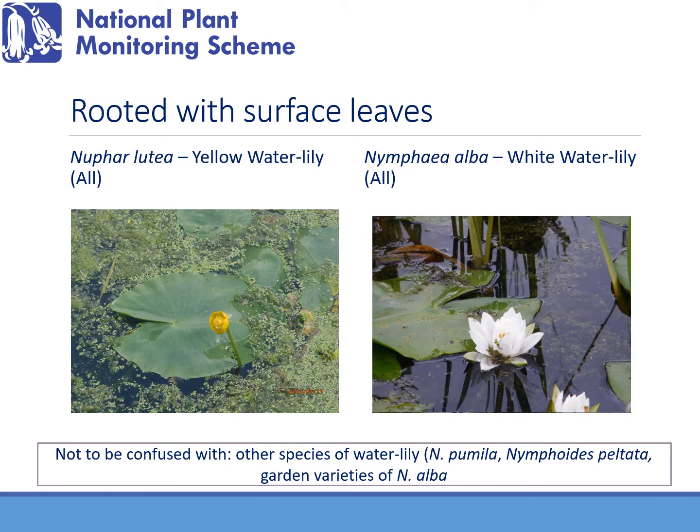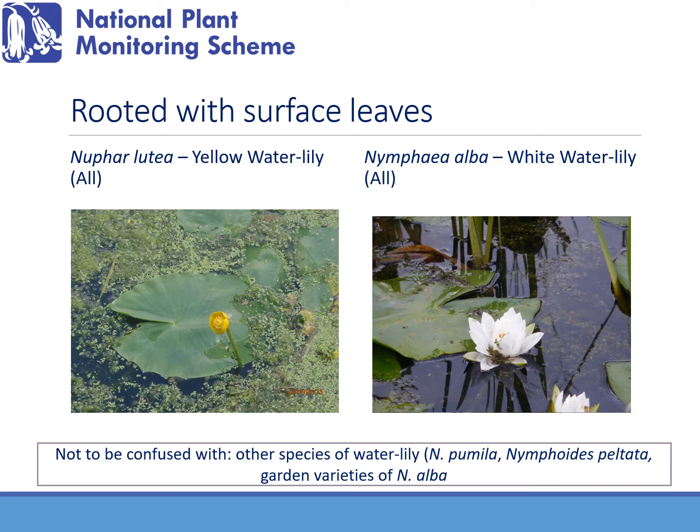The main potential to confuse either of these species would be with other species of water lily. So in terms of the yellow water lily, there is another native species of yellow water lily called Nuphar pumila, which tends to have similar leaves but much smaller, and the flowers tend to be smaller.